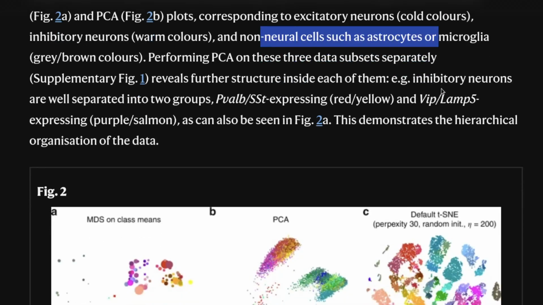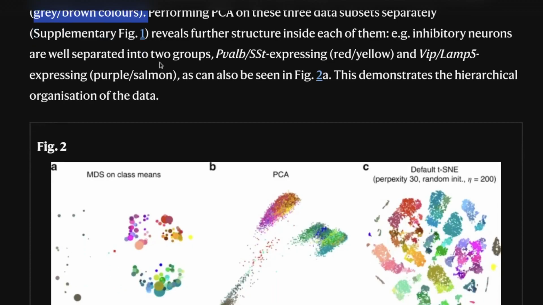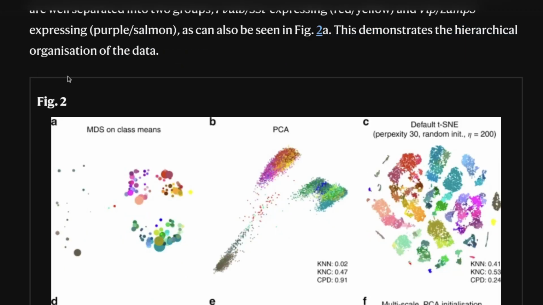Performing PCA on these 3 data subsets separately, supplementary Figure 1, reveals further structure inside each of them. For example, inhibitory neurons are well separated into 2 groups, PVALB/SST expressing, red/yellow, and VIP/LAMP5 expressing, purple/salmon, as can also be seen in Figure 2a. This demonstrates the hierarchical organization of the data.